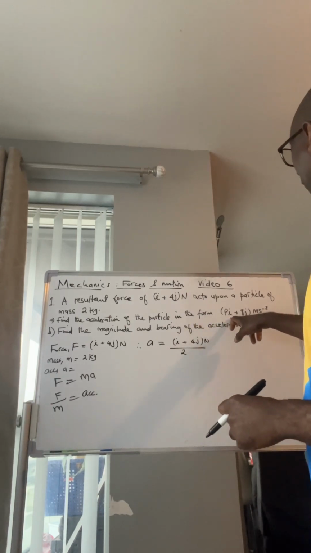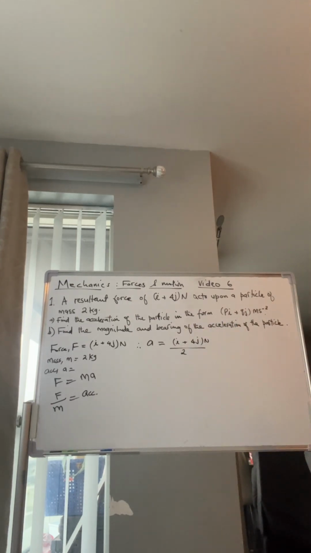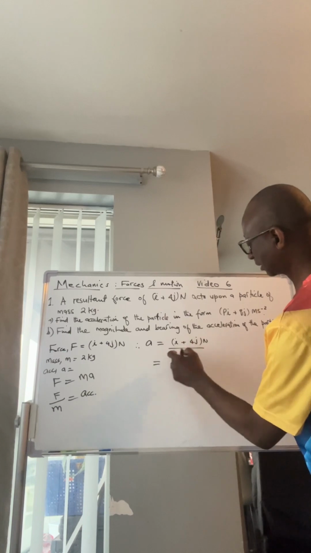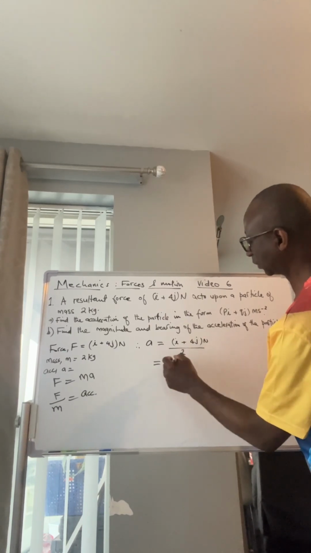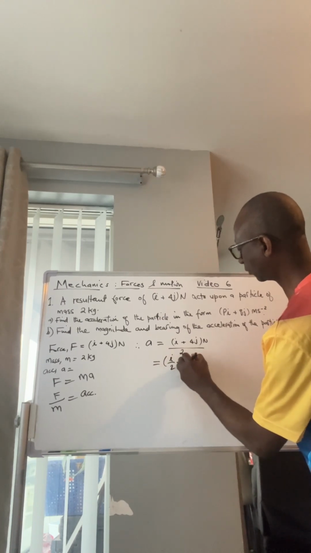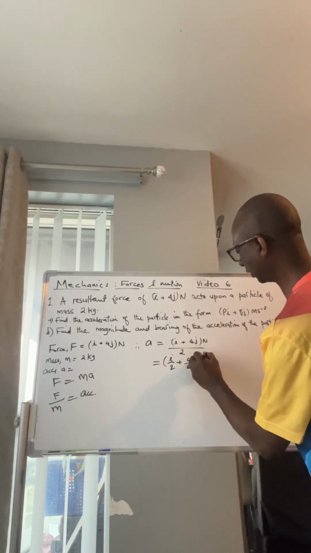They ask us for the form pi plus qj, correct? We are not going to ignore them. So we distribute this division sign. Now you have i over 2 plus 4 over 2 j.